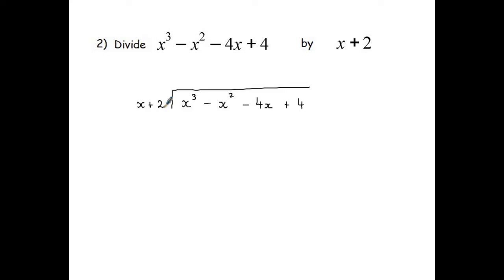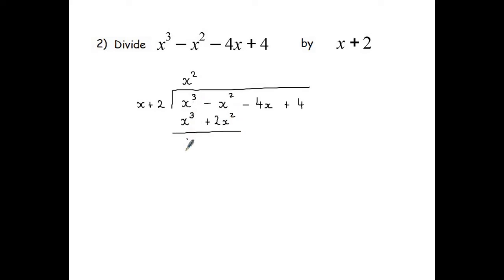So remember, divide through by the x first and then multiply out by the whole factor. So we've got x cubed divided by x gives us x squared, and then remember we're going to multiply out by the whole thing. So x squared times x is x cubed, and x squared times 2 is plus 2x squared. Now we want to subtract.